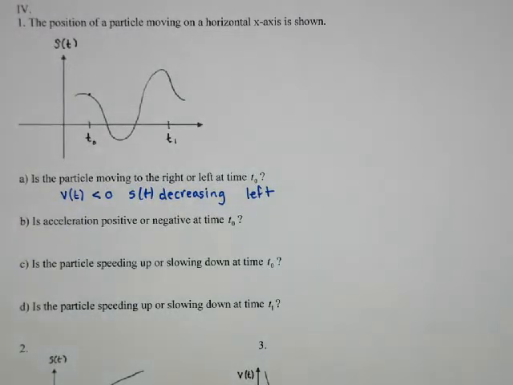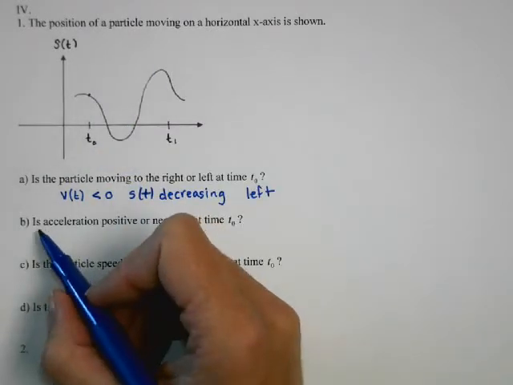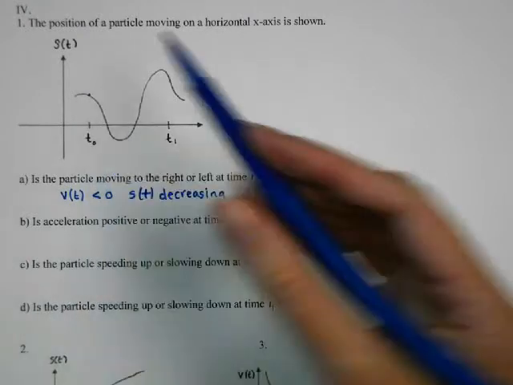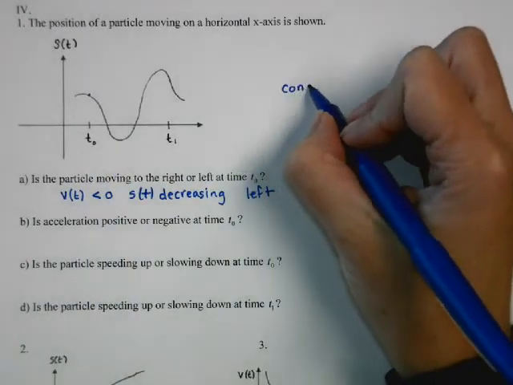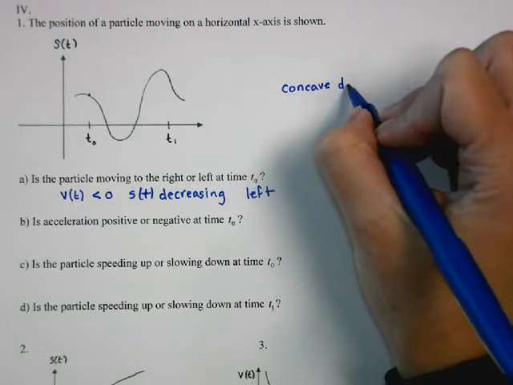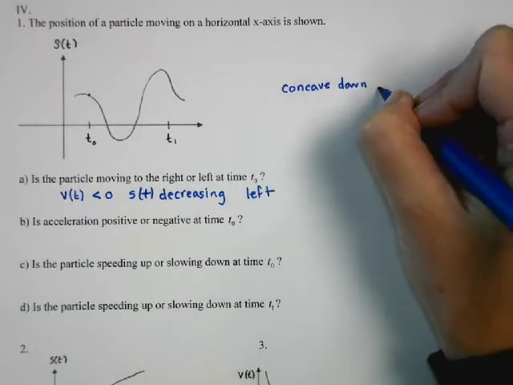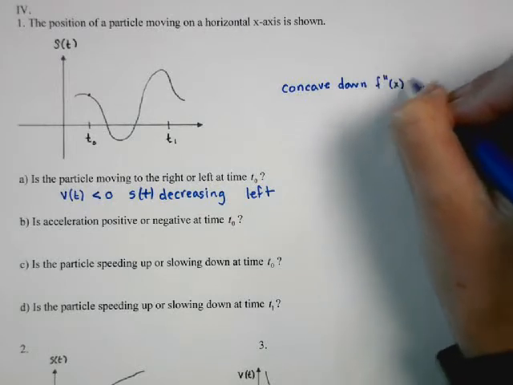So acceleration is going to be the second derivative of position. How we're going to tell this on this graph, and we haven't really talked about this yet, but if the original graph is concave down, that means the second derivative is negative.